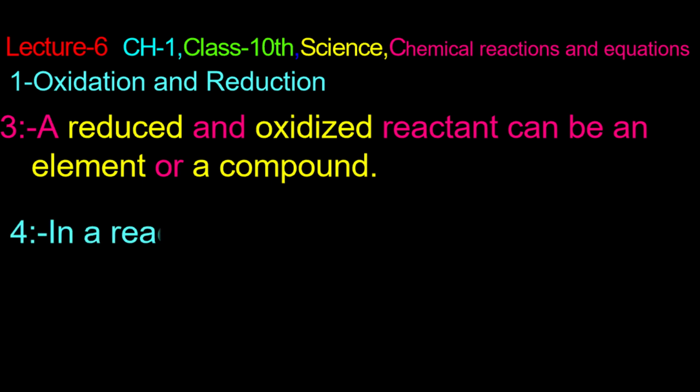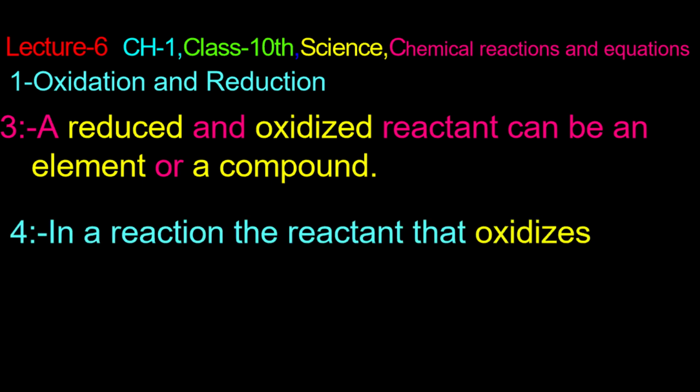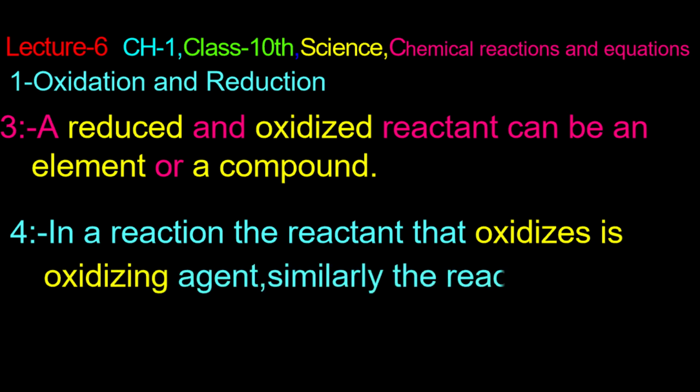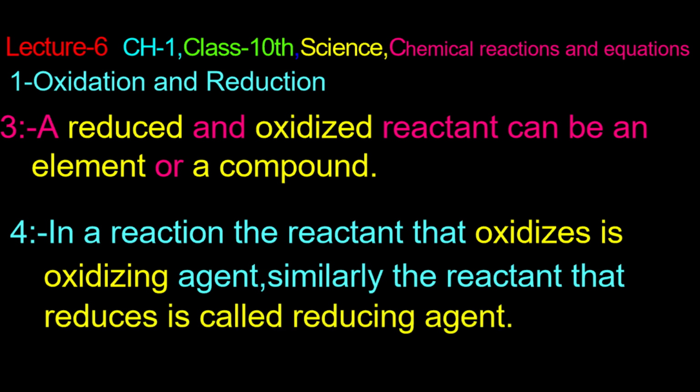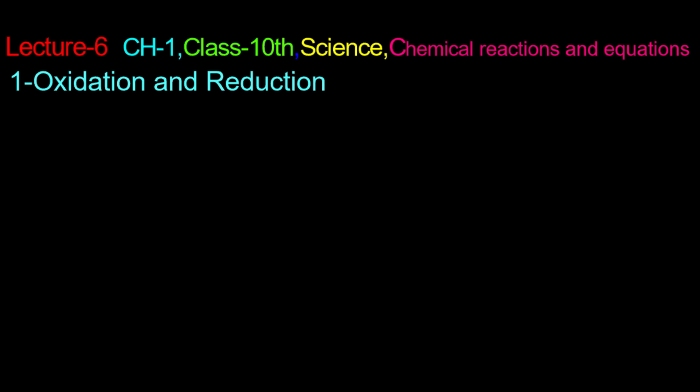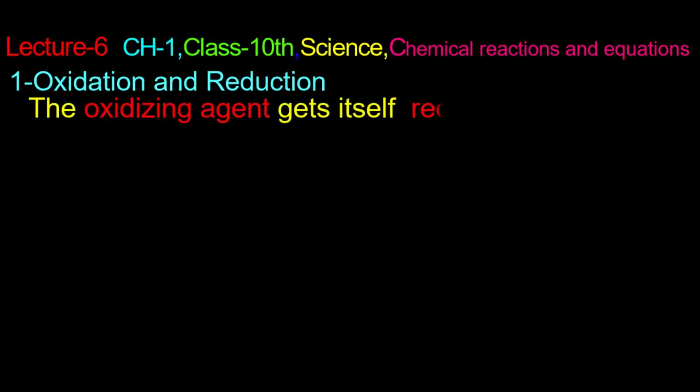Next point, in a reaction, the reactant that oxidizes is oxidizing agent, and similarly, the reactant that reduces is a reducing agent. And you have to remember, the oxidizing agent gets itself reduced.